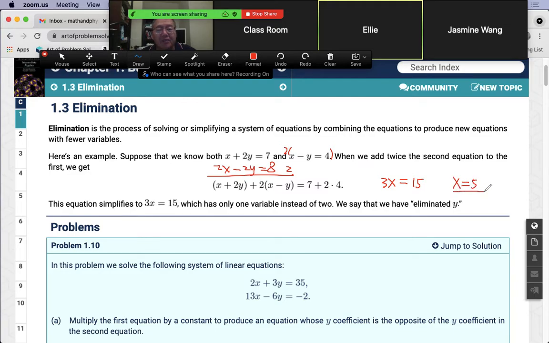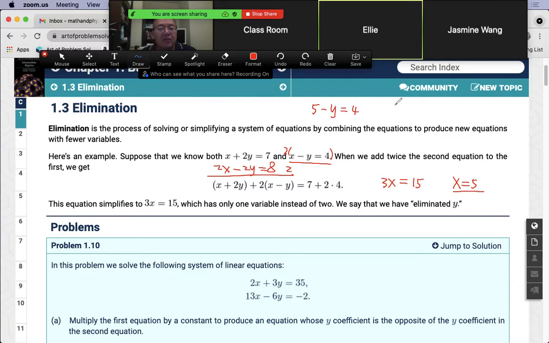After you get x equals 5, you can plug into either of these two equations to find y. But you still need to pick the easier equation. Here, this one is a little bit easier because all the coefficients are either 1 or negative 1. So you get 5 minus y equals 4.